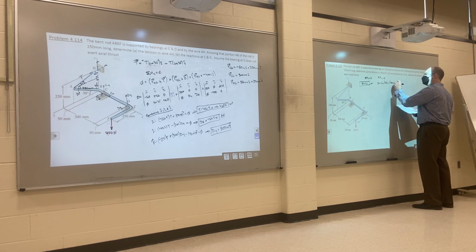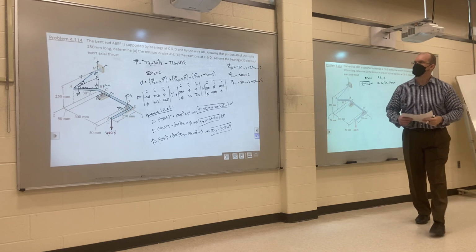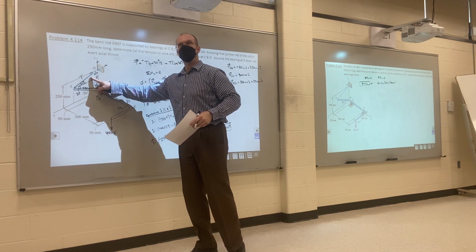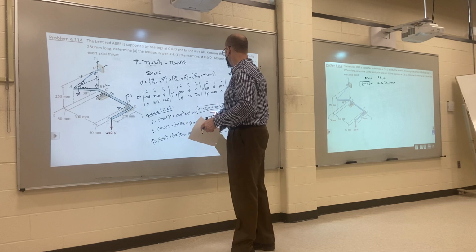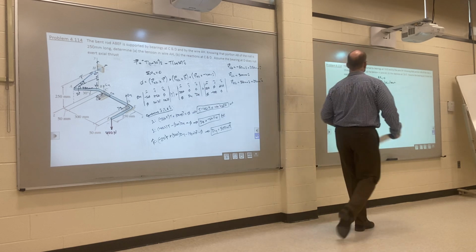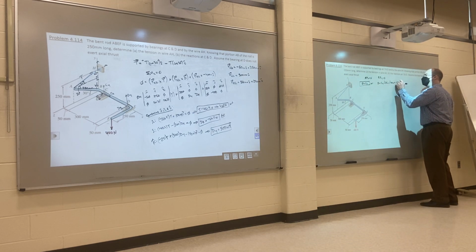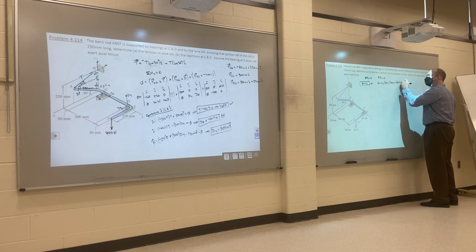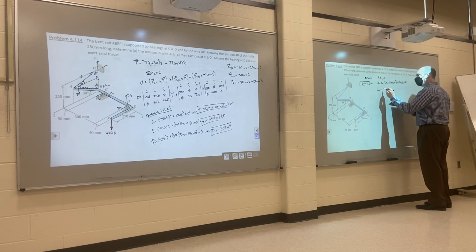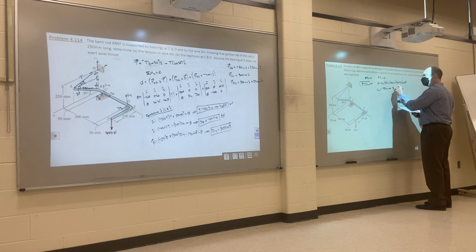Plus the vertical component of T, which is 461.9 sine 30, acting up, which is basically 0.5. And that's positive. Solve for Cy, and you should get 336 newtons negative, which is 336 newtons acting down.